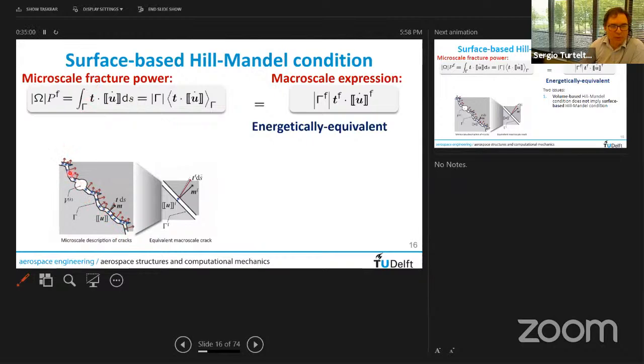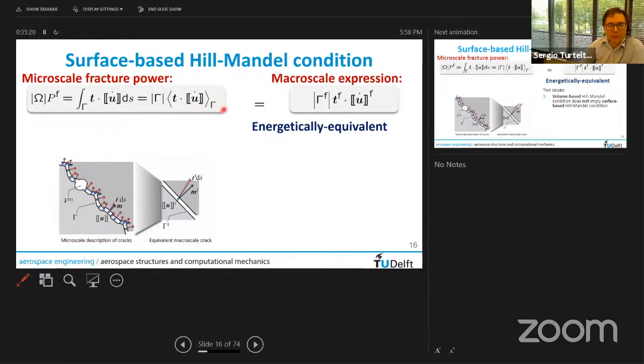So we look along the crack at the tractions and the local crack opening rates, and you compute the power there. That integral is done along the crack itself, and you get the total power expended by opening the crack.